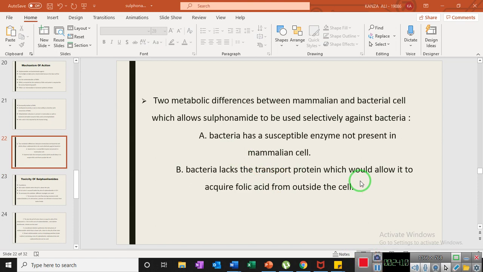Next, we are going to discuss the toxicity of the molecule, or the side effect of the sulfonamide, toxic and side effect of the sulfonamide. We have got a number of side effects, including crystalluria.